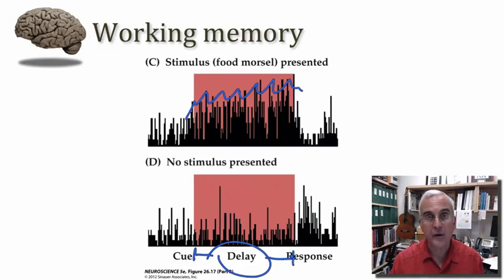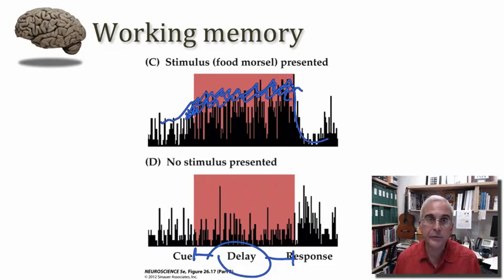And when there is a food morsel that is loaded into the well, and the monkey can see that, we see that the activity of this neuron rises during the delay period. And immediately following the delay, when the behavior is to be executed, there is a sharp fall off in activity for this cell, suggesting that what this neuron is encoding is the information that is going to guide the execution of the behavior when it's possible to do so.